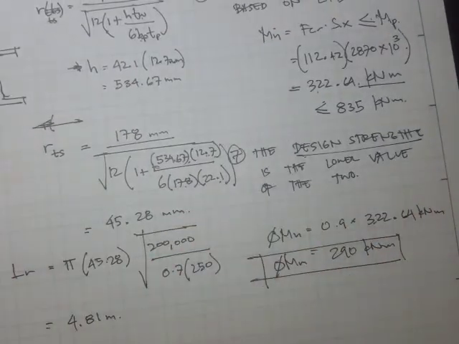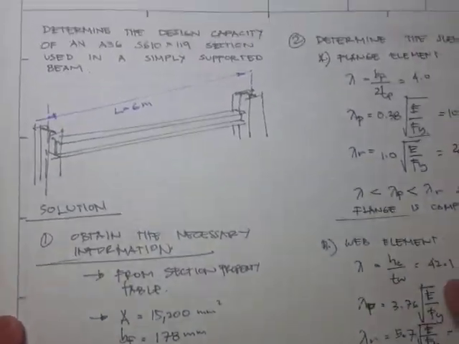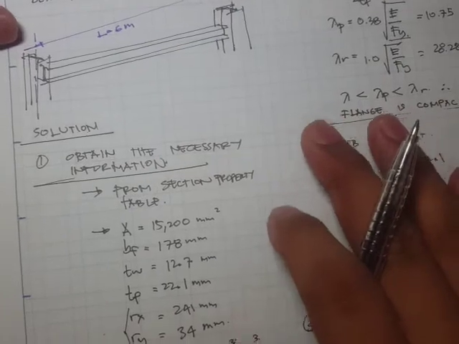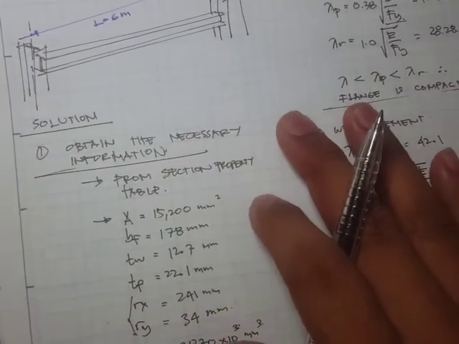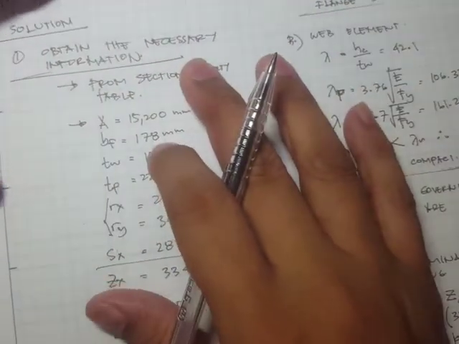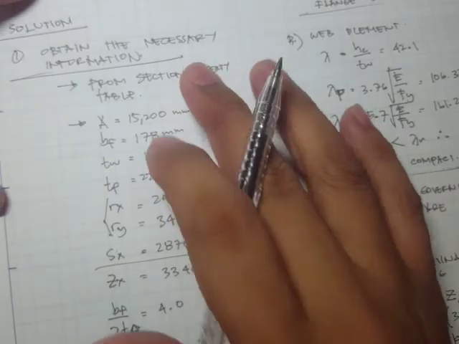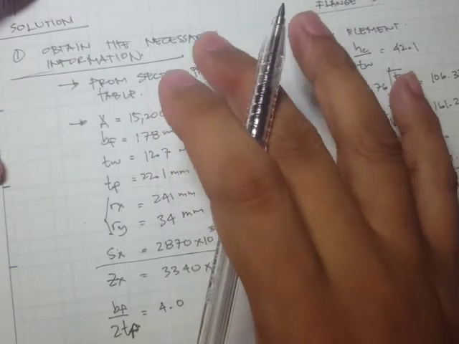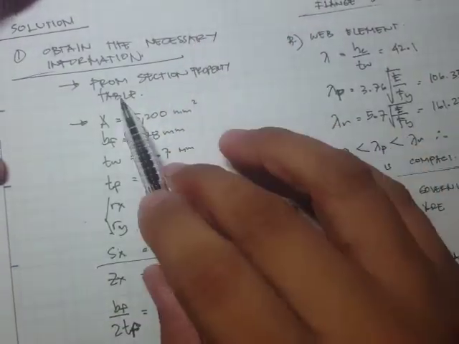So if we review what we did in any analysis problem, especially in this steel structure, we first have to obtain the necessary information which can be obtained from the section property table.